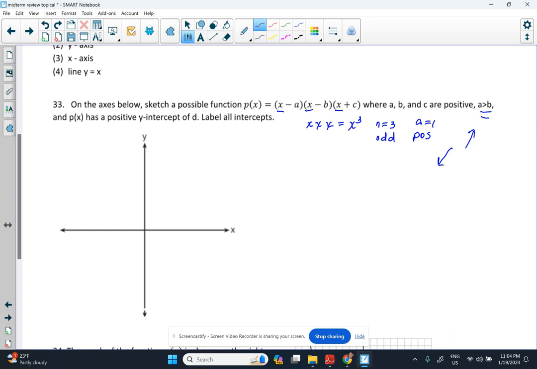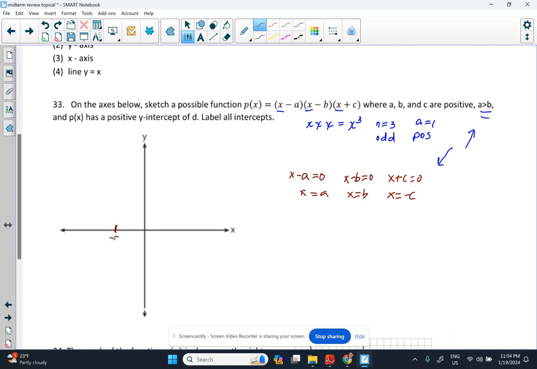Next, we want to get our x-intercepts. So we set each of our linear factors equal to 0 and solve. And we get x is A, x is B, and x is negative C. So we're going to graph that.